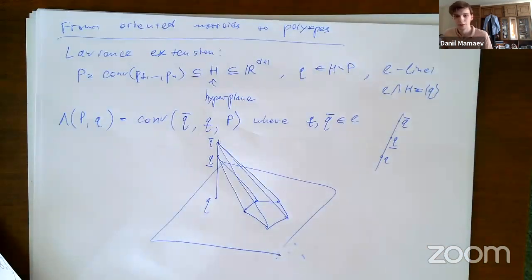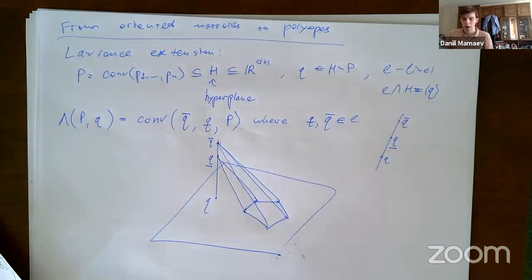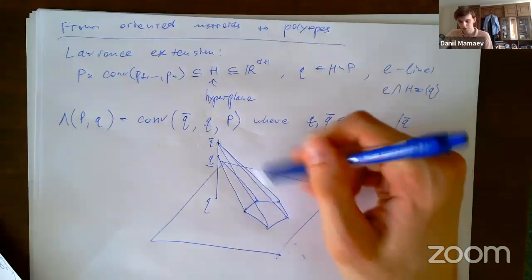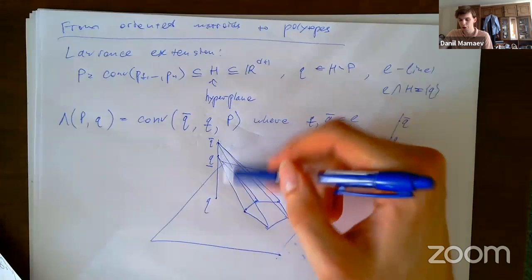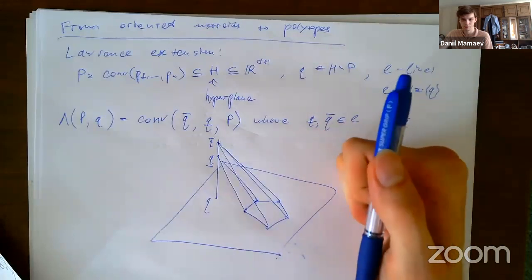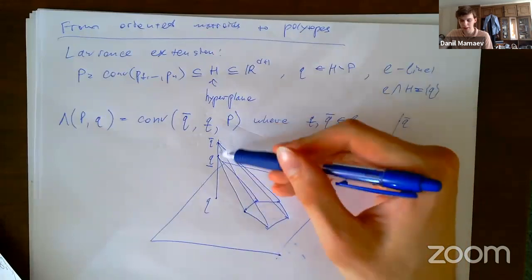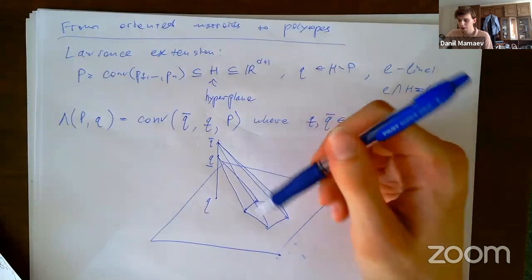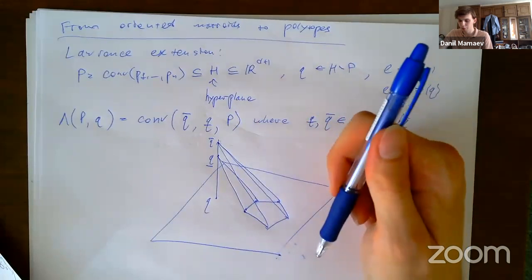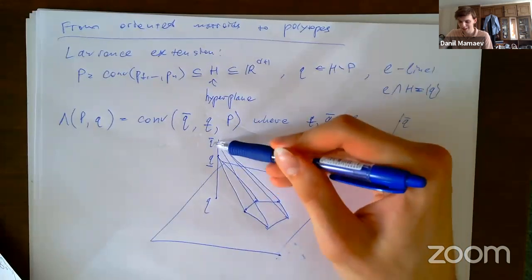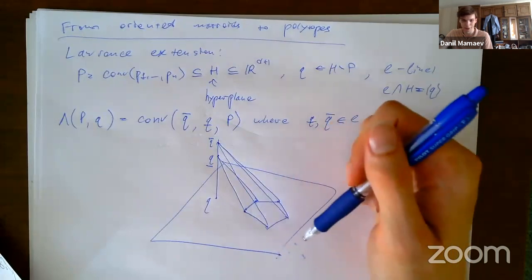Why is it good? First, you can easily recover from this polytope the position of Q, because you just take the intersection of the affine span of these 2 points and the affine span of all other points.